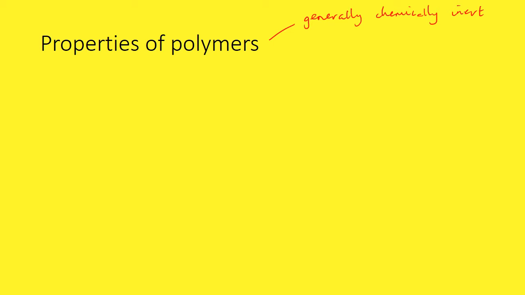And to do that, we're going to have a look at the example of polyethylene. So this is the polymer that's just got lots of carbons, lots of hydrogens.